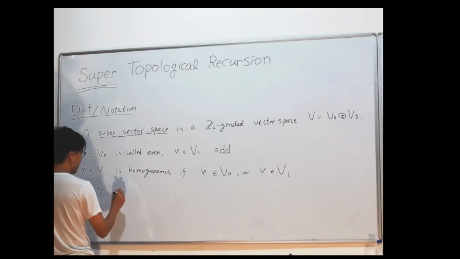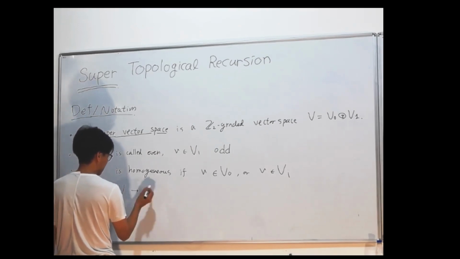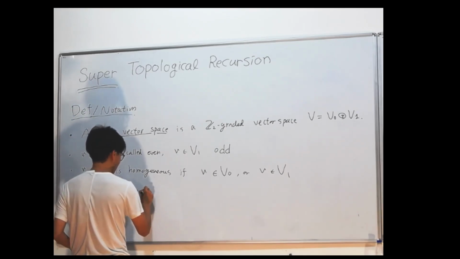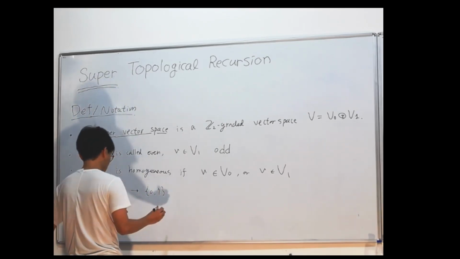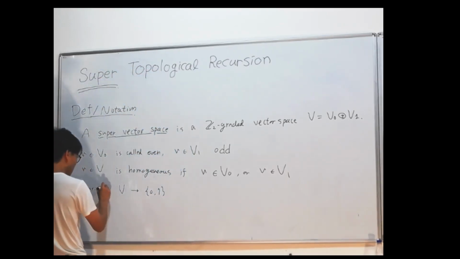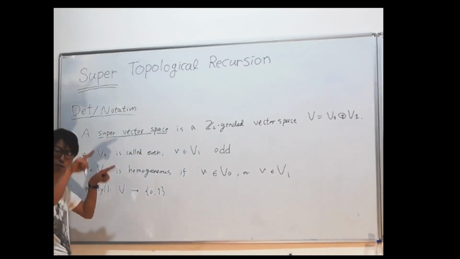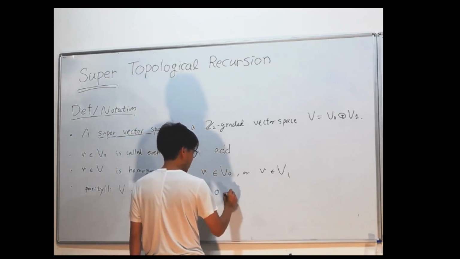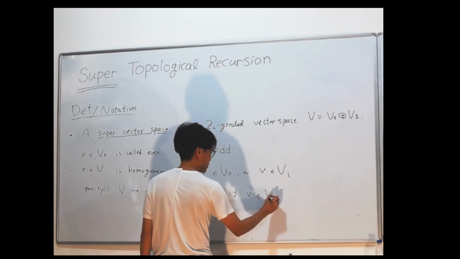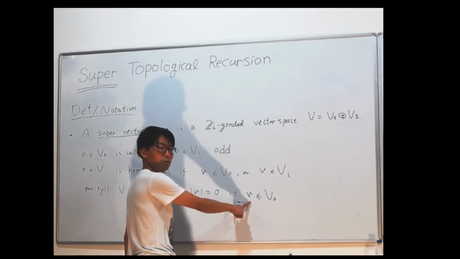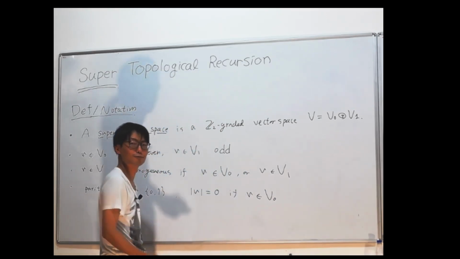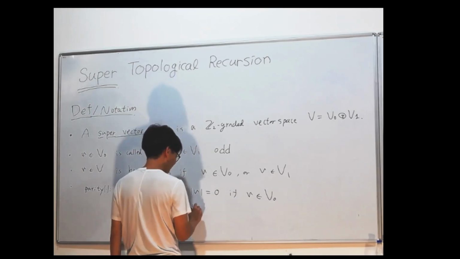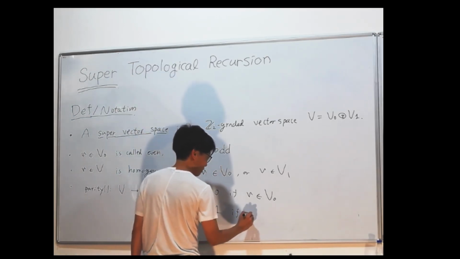This is basically a map, strictly speaking, to Z, or more strictly speaking, just 0 and 1. We denote this parity by the norm sign, and it is defined to be 0 if v is even, and 1 if v is odd.